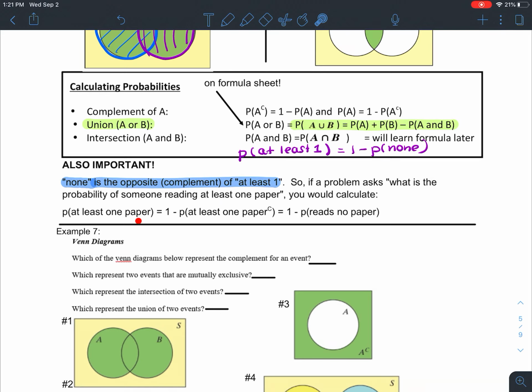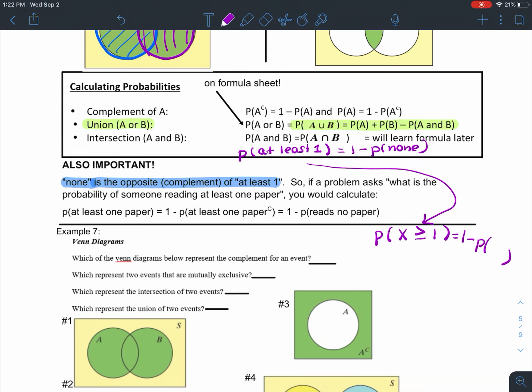So if a problem asks you, what is the probability of someone reading at least one paper, in order to calculate that, you would take 1 minus the probability that someone reads no paper or none of the papers, okay? That will give you the probability of at least one. If you think about what at least one means, at least one means greater than or equal to 1, okay?